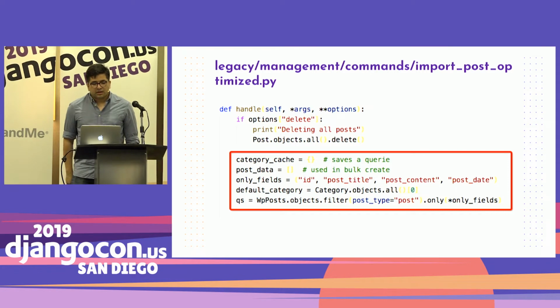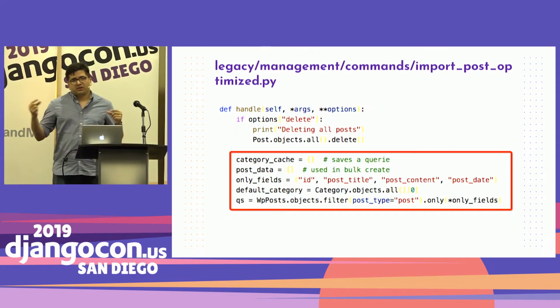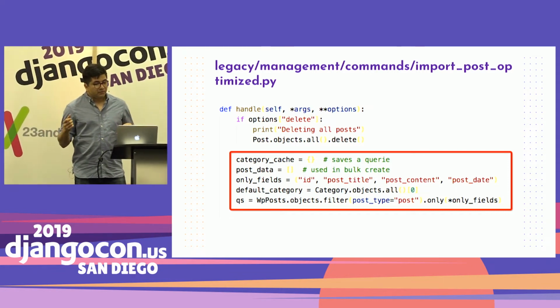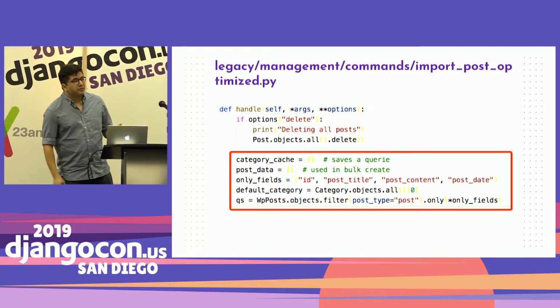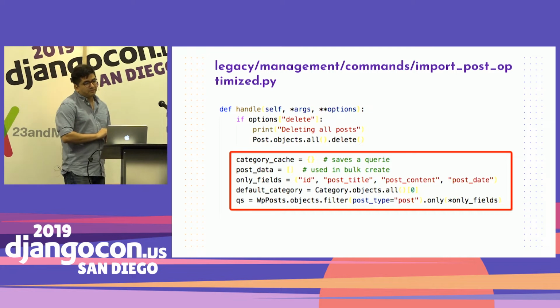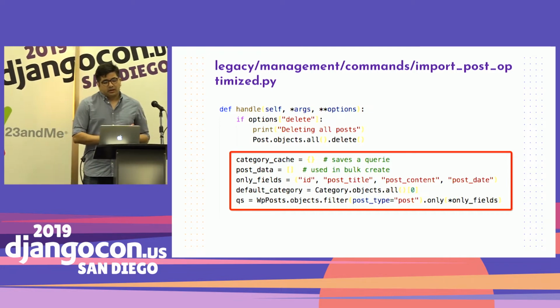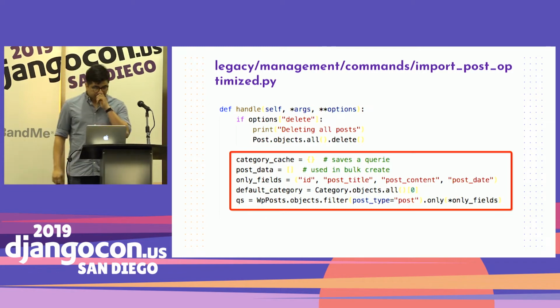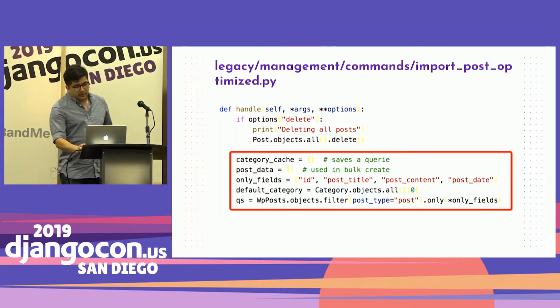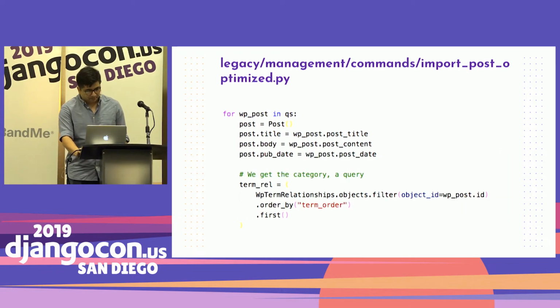Post data will be a list of post objects that will be used later in bulk create, and the only fields are the ones we care about for the post table. In this case, just post title, post content, post date, and ID. We have a default category, and we have the new queryset that is slightly different, just by adding only and the only fields that we need.